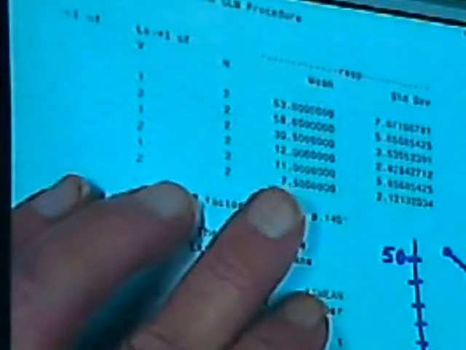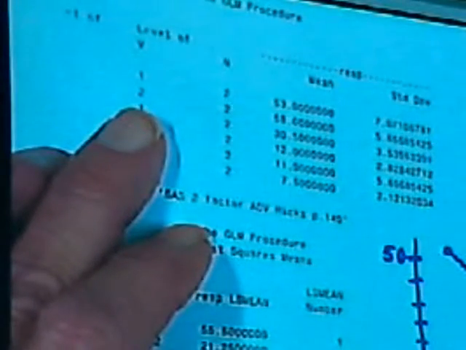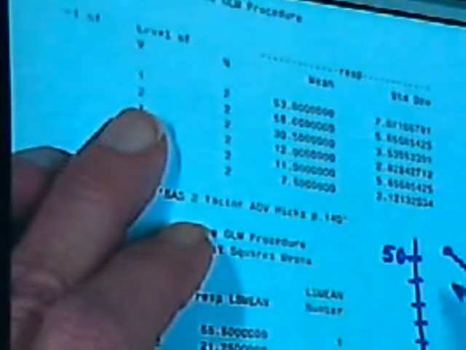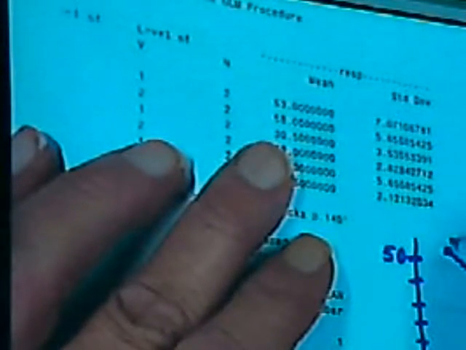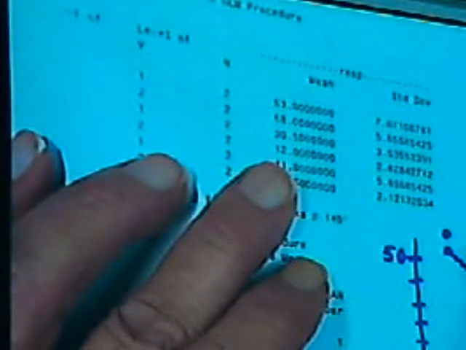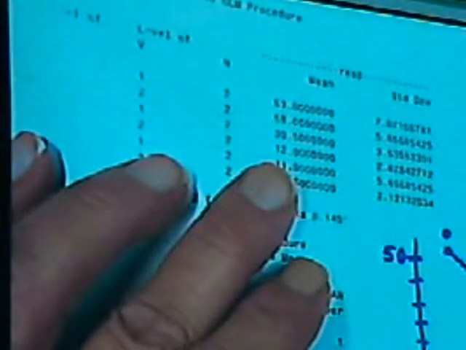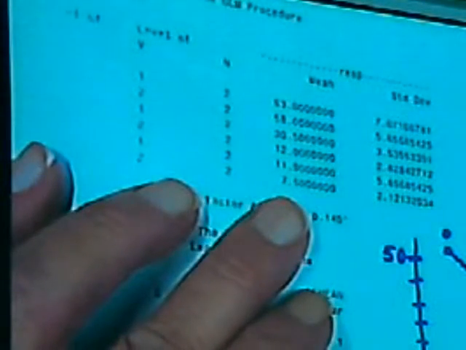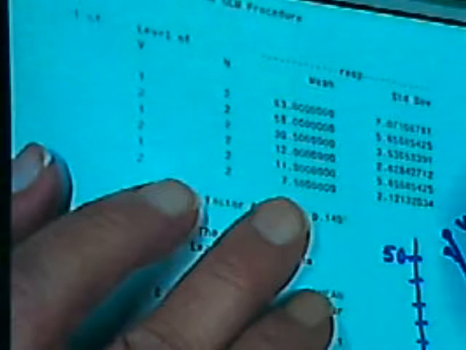Now, when V is 2, E is 1, V is 2, it's a 58, so it's up there. Then it's a 12, which drops way down to there. Then it's a 7.5, which drops down yet a little bit further there. So label that trace V equals 2.